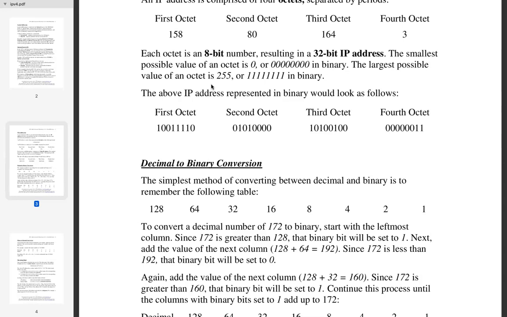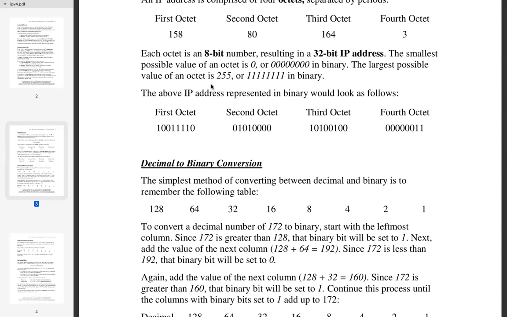Whenever you see an IP address, you can convert it to zeros and ones, or whenever you see zeros and ones, you can convert it to an IP address. Whenever you see an IP address, you should be able to say this falls under class A, this falls under class B, and this is its subnet.